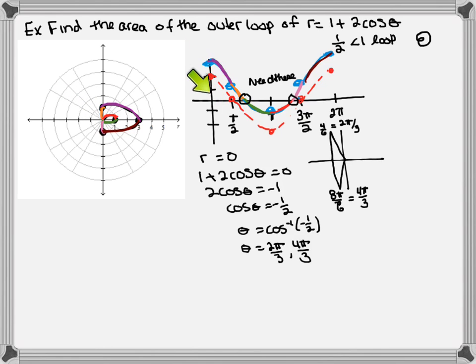So in order to find the area, I'm going to have to write two integrals. I'm going to be going from 0 to 2 pi over 3, and then from 4 pi over 3 to 2 pi. And that is going to give me these areas that I'm looking for.